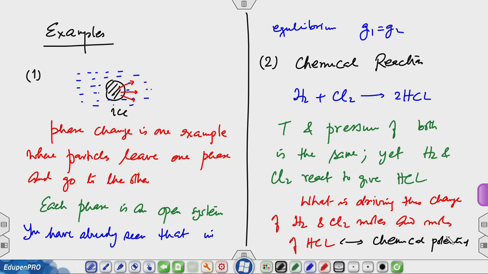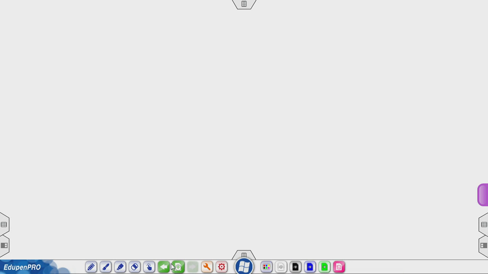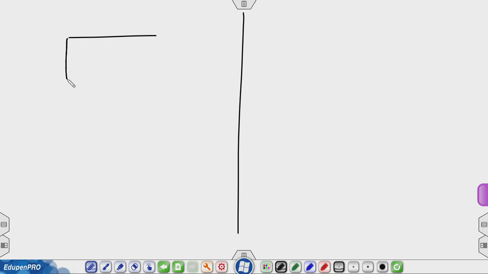Third example I'll take, and through that I'll build up the concept of chemical potential. So let's take the third example, where I'll take a chamber which is enclosed and consider a partition with a hole. So here is a hole.